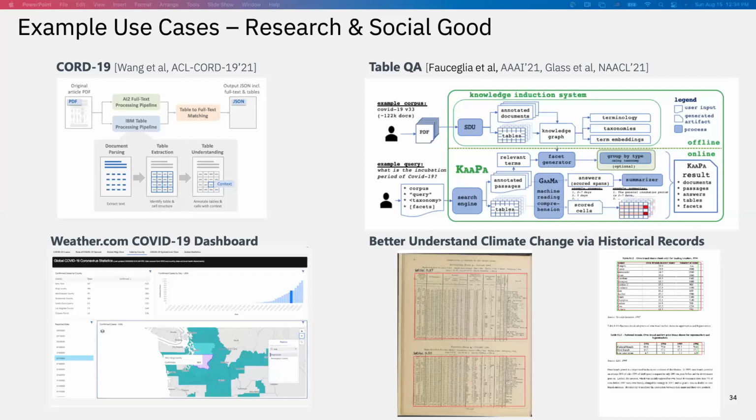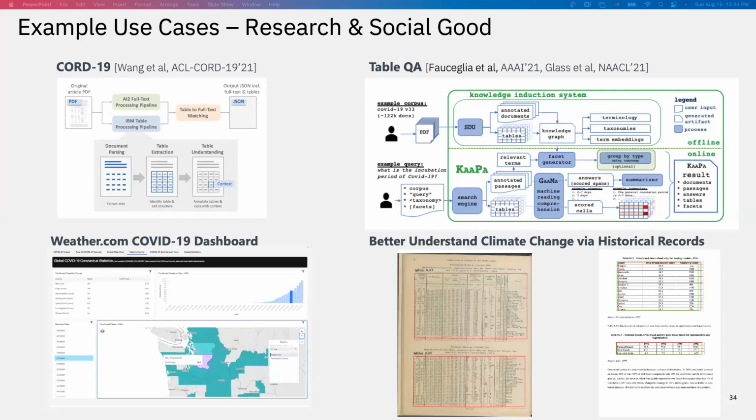Also, some of our colleagues work with us on enabling TableQA, which allows people to search and get answers from individual tables. And we are also working with climate scientists to look into how we can better understand historical records related to the past couple hundred years of the climate, so that we can better understand the current climate change.